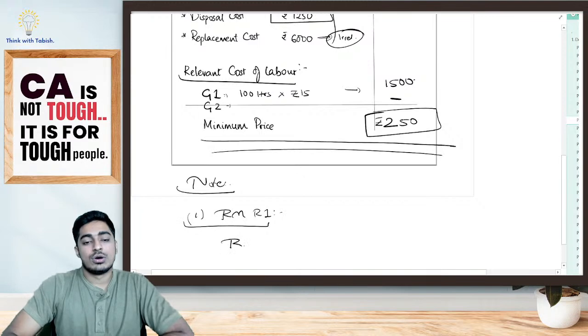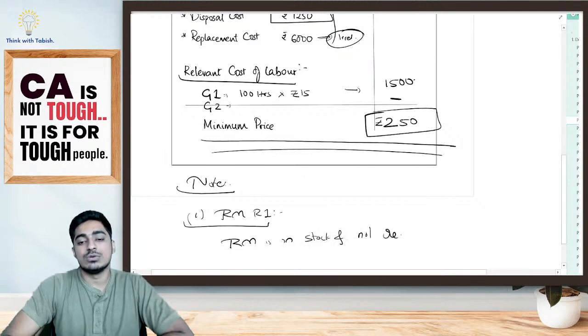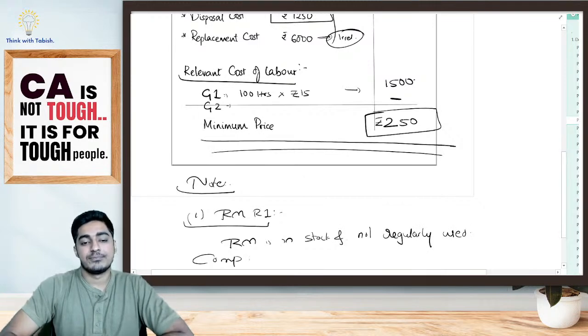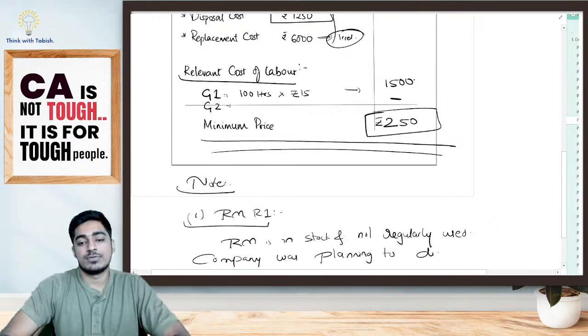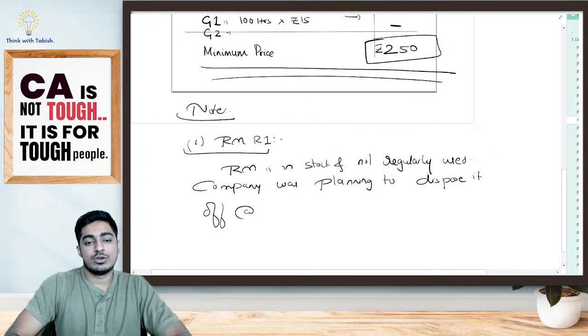Raw material is in stock and not regularly used. The company was planning to dispose of it at rupees 1250.